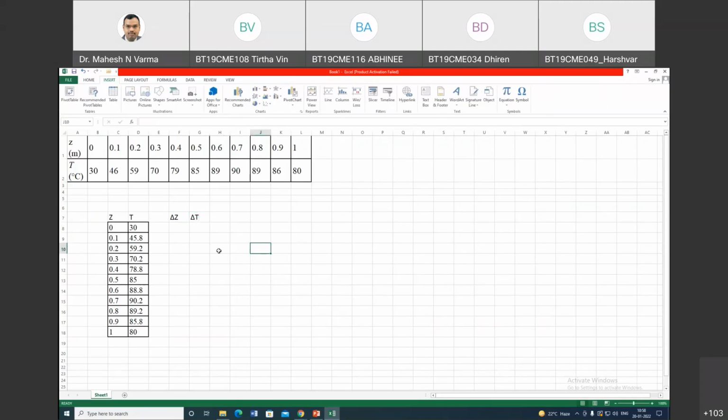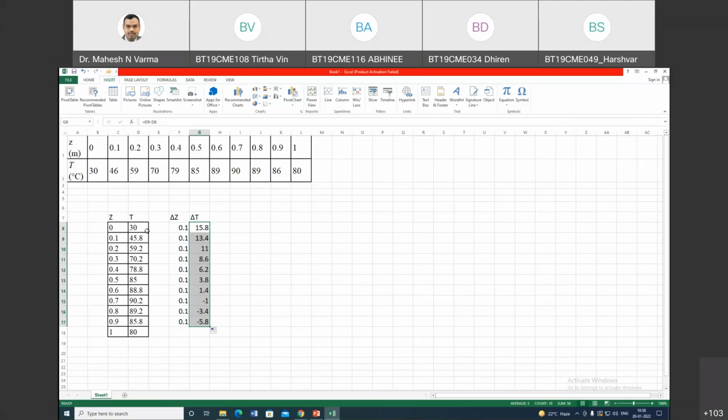So what are the values? Delta Z will be this minus this. So delta Z is constant, 0.1. So what are the delta T values? This will be 45 minus 30. This is delta T. Everybody is getting this value.